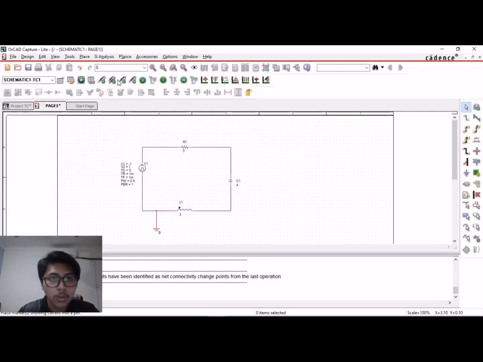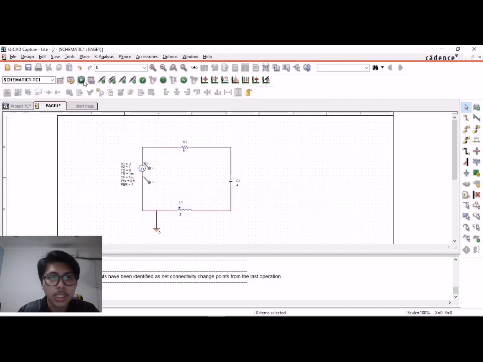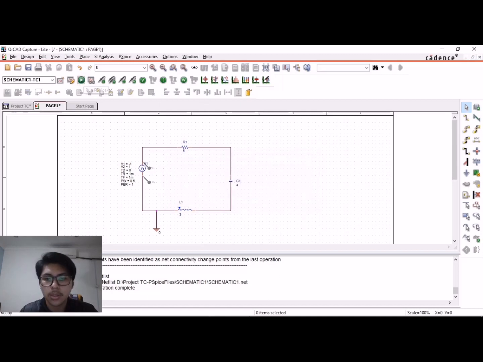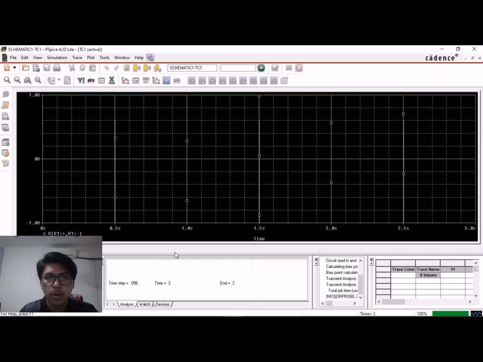And then we need to put the probe to measure the V in. Right, this is the positive probe and this is the negative probe. Then you just click, then just click the run button. Alright, here is the input signal for my circuit.